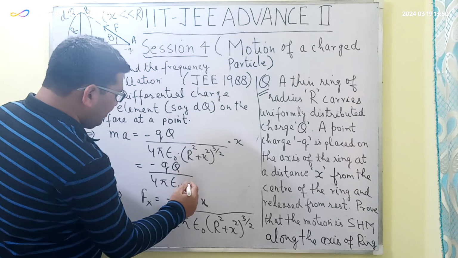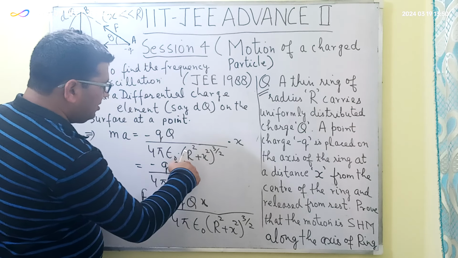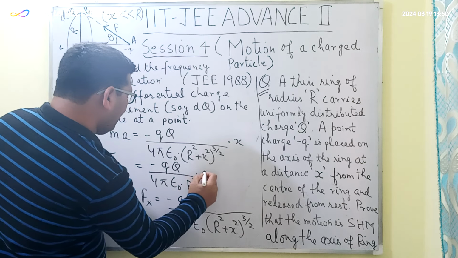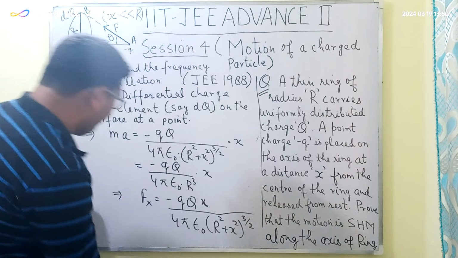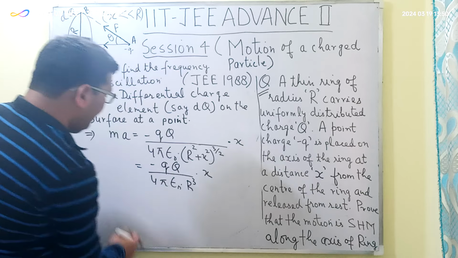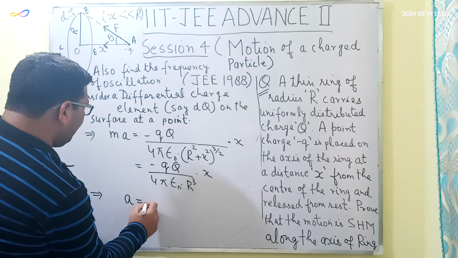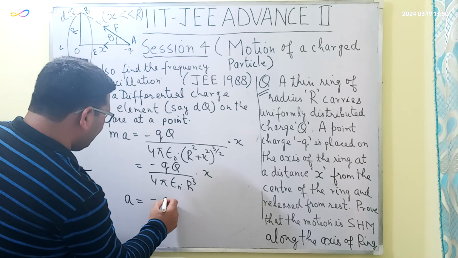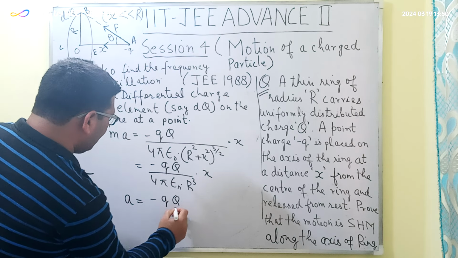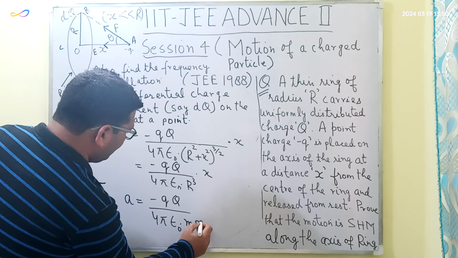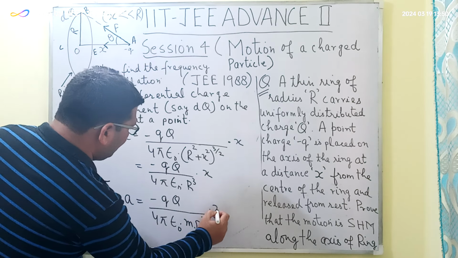So r square to the power 3/2 will be equal to r cube, into x. Or we can simply say that the acceleration will be equal to minus q divided by 4 pi epsilon naught m r cube into x.